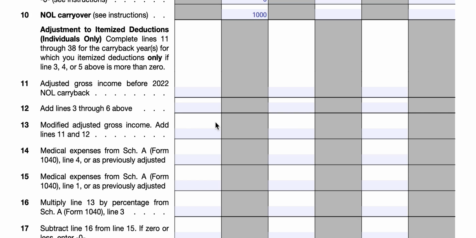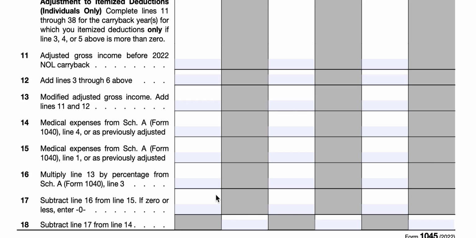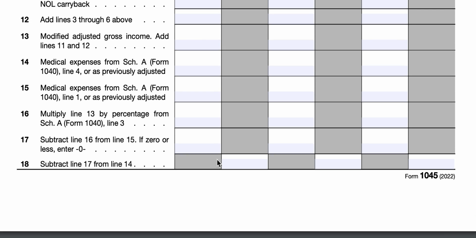I'm not going to presume a straight calculation because there were a couple of years during COVID where the Schedule A medical expense percentage of AGI was adjusted. So it could be different based on the tax year that you're claiming. In line 17, you'll subtract line 16 from line 15. And if this is 0 or less, you'll enter 0. And then line 17, you'll subtract that from line 14 to arrive at line 18.